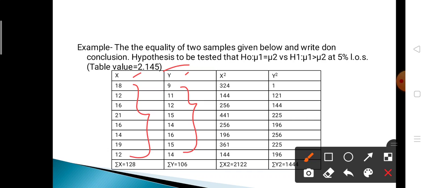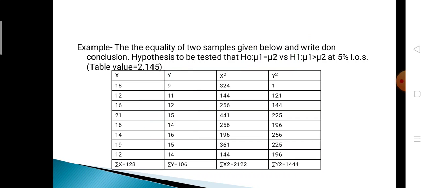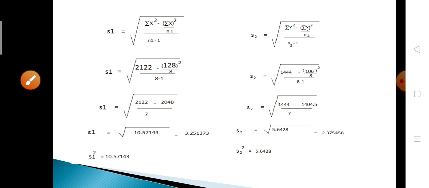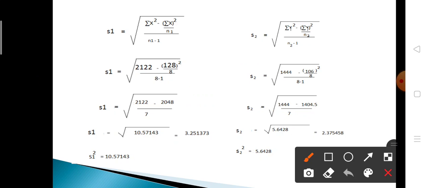Now make the columns x square and y square, because we need summation x square and summation y square for calculating the values of s1 and s2, that is s1 square and s2 square. Okay. Let's see, first calculate s1 and s2. So S1 formula is square root of (summation x square minus (summation x) square divided by n1) whole divided by n1 minus 1.